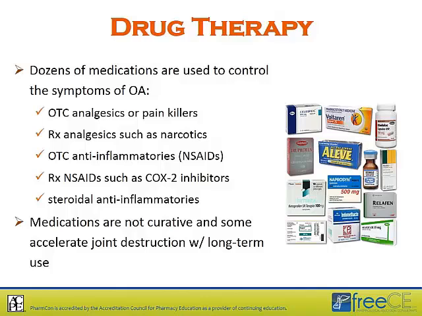There are literally dozens of medications used to control the symptoms of OA, either due to their anti-inflammatory or analgesic properties. So mainly there are the over-the-counter analgesics or painkillers, the prescription analgesics such as the group called narcotics, over-the-counter anti-inflammatories, typically called NSAIDs, prescription NSAIDs such as COX-2 inhibitors, and sometimes steroidal anti-inflammatories are used for OA also.